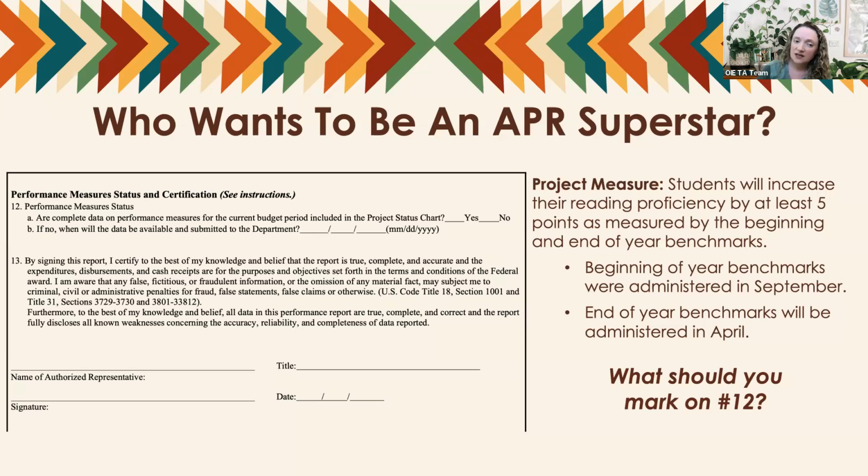Will we have complete data or no? This is your final fast finger question for the cover sheet. All right, we're going to go ahead and lock in our answers in 5 more seconds.